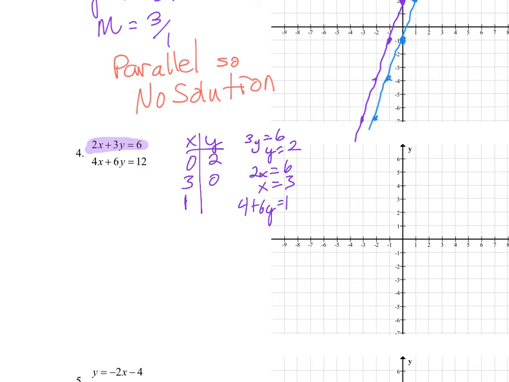If we subtract the 4, 6y equals 8, 12 minus 4. Divide by 6. Y is equal to a simplified 4/3.